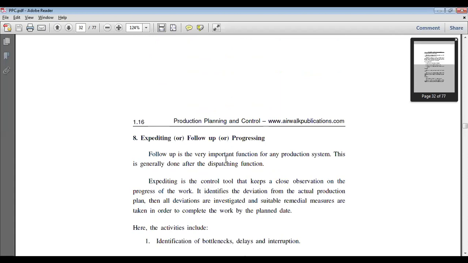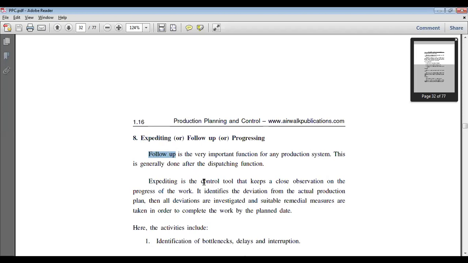At the same time, we should have a follow-up, or we should keep vigilant on it, which is called expediting. Expediting is the follow-up, keeping a watch, keeping an eye on what is going on, whether it is exactly as per the design or not. That is very important.